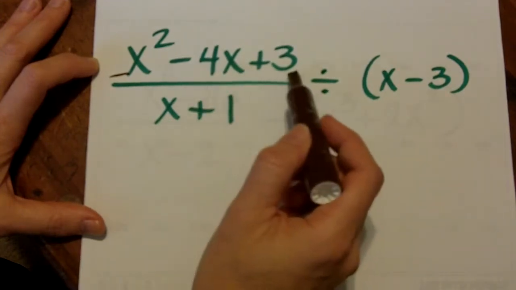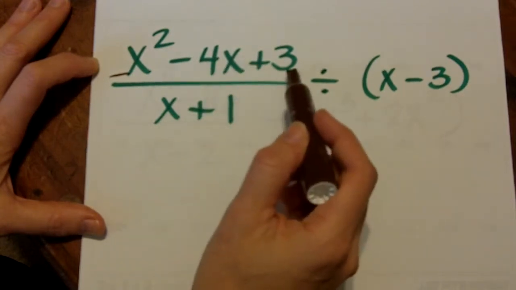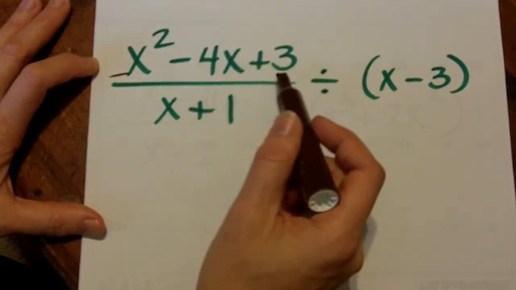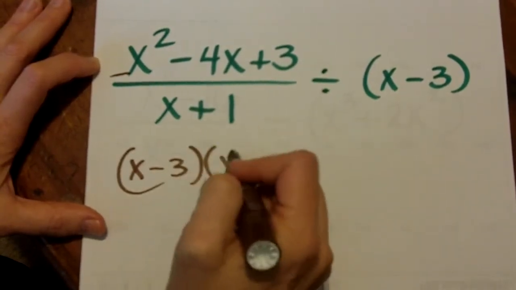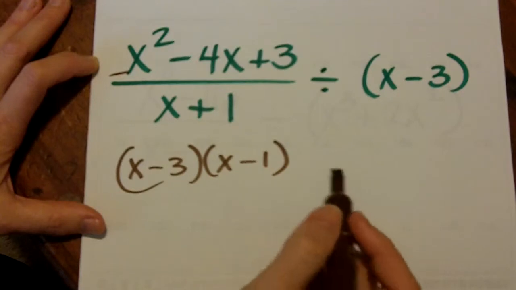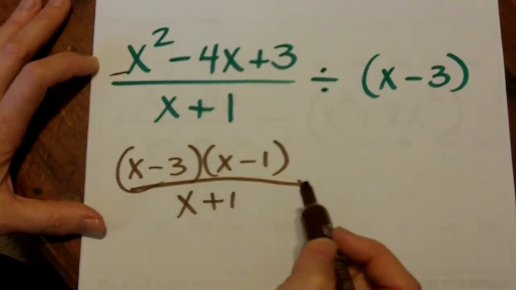Well, because this is positive, I know both of the factors are negative, because a negative times a negative gives me 3, and there aren't many choices. I've got x minus 3, and I have x minus 1. Now, that's all I have that are possible, and I have my x plus 1 on the bottom here.